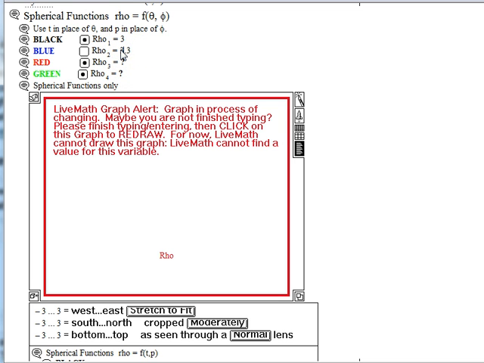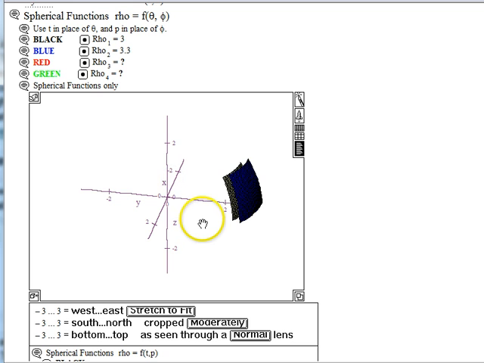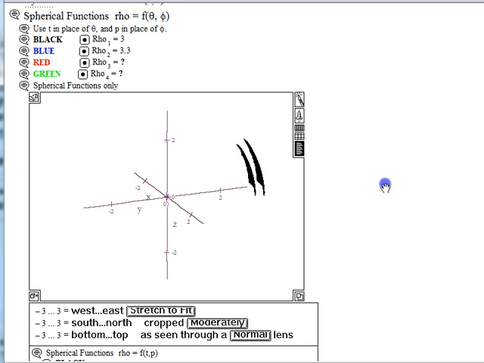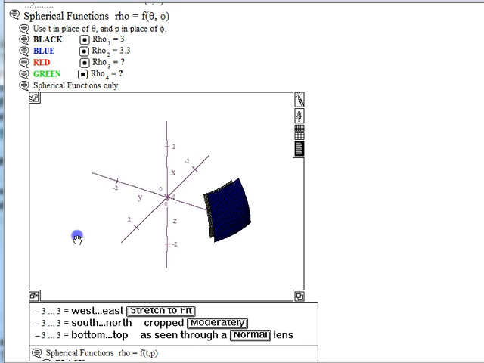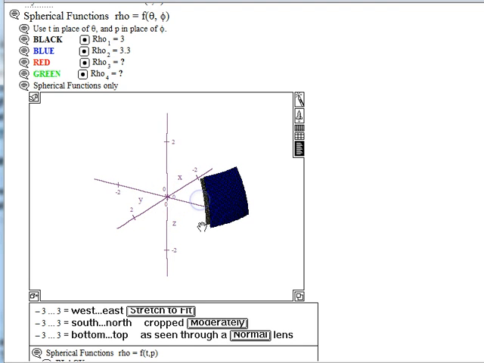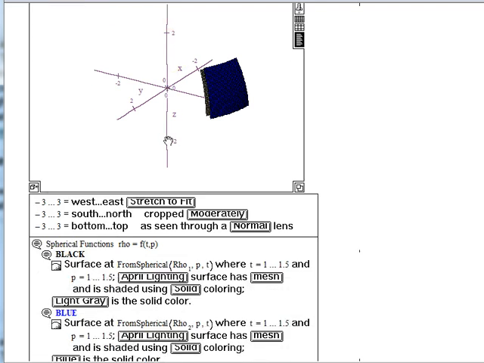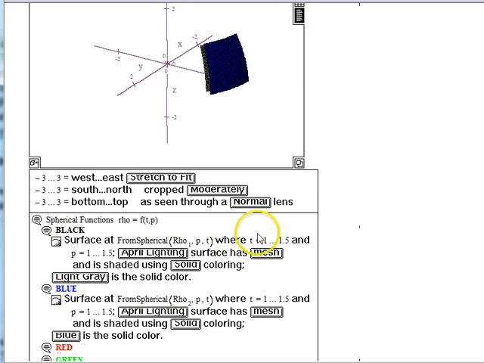Let's try that again. 3 to 3.3, there we go. That's actually going to be bigger volume. So this volume element is going to depend on rho, on the radius, but it also depends on some other things. It turns out, maybe you convince yourself of this, that it doesn't really depend on theta.